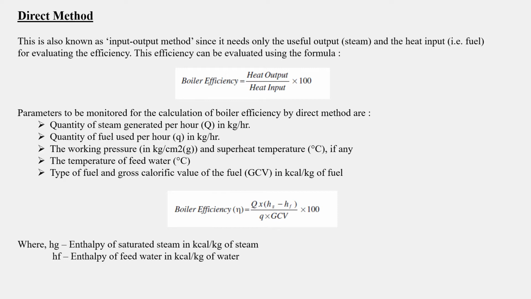That amount of steam will have a certain latent heat, which when multiplied with the amount of steam will give us the total heat output of the boiler. This heat is generated by the heat input to the boiler, which is determined by the fuel, how much fuel we are burning. So this ratio of the amount of steam generated to the amount of fuel inlet, both in terms of energy, is termed the boiler efficiency, which is known as the direct method of calculating the boiler efficiency.